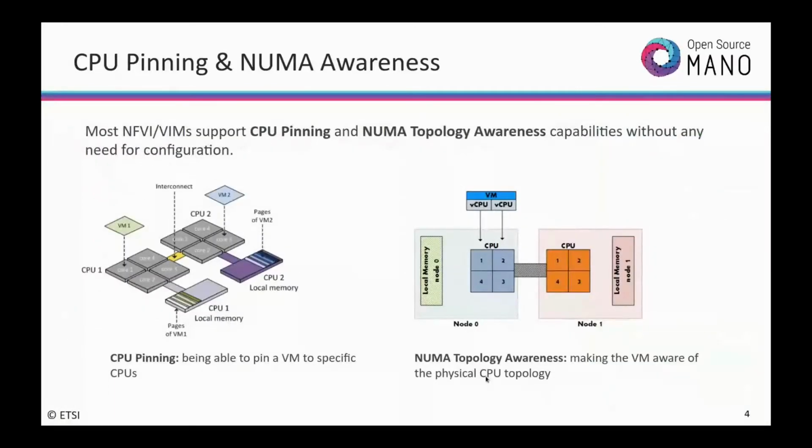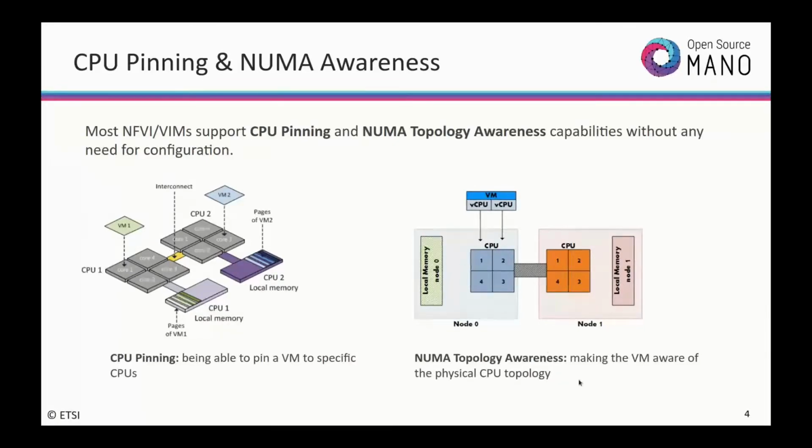So a lot of NFVI's VIMs support this CPU pinning and NUMA topology awareness without any need for configuration. CPU pinning means, okay, here are the CPUs and the cores, and I want to be able to physically pin this VM to this local memory, this CPU, so it doesn't have to cross the interconnect bus.